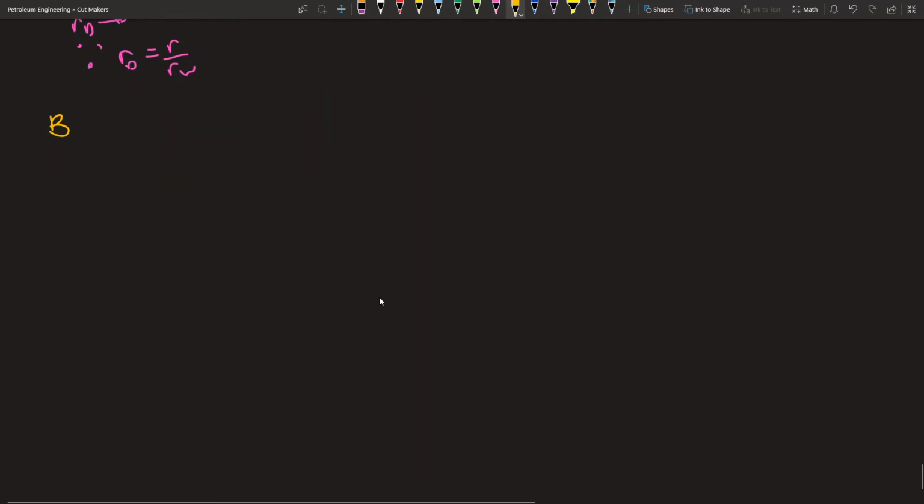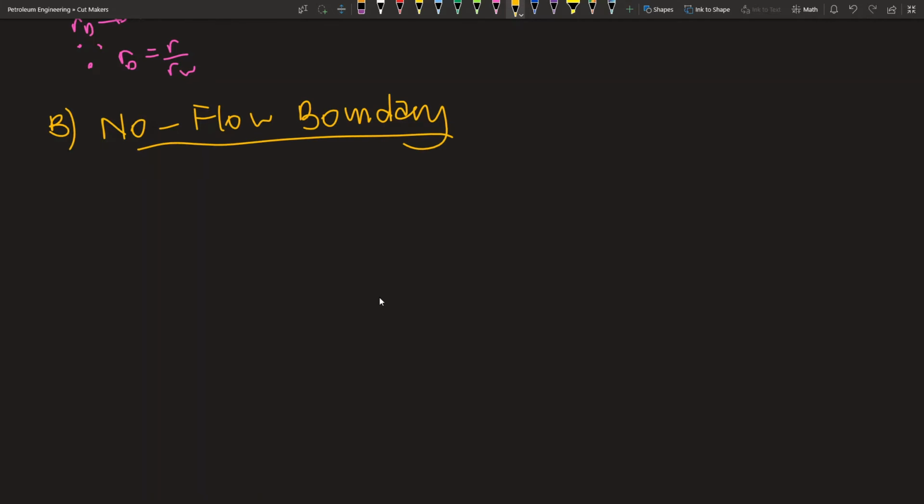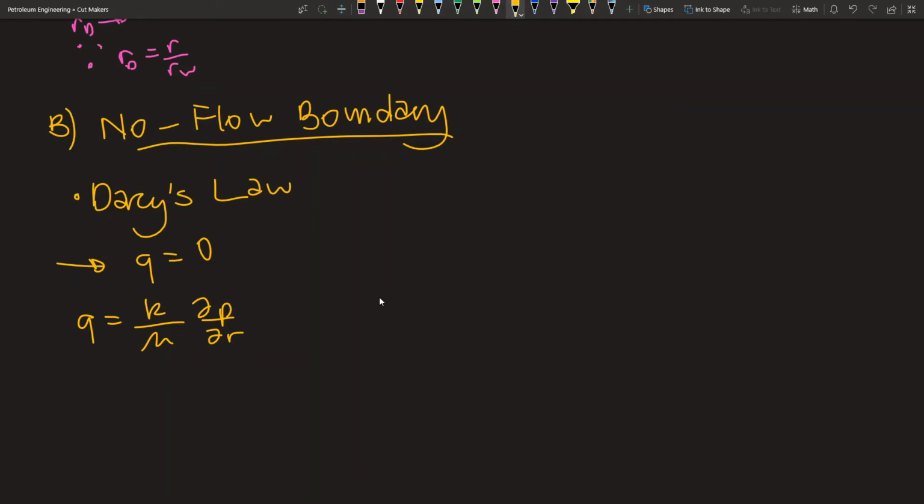Next condition. The next condition, we assume that there is a no flow boundary. So we assume that the pressure transient has already reached the boundary, and we assume that there's a no flow boundary. So when there's a no flow boundary, we can use Darcy's law to say that the flow is equal to 0. Q is equal to 0 at the boundary. Now recall that Q is equal to k over mu, dP over dr, times the area.